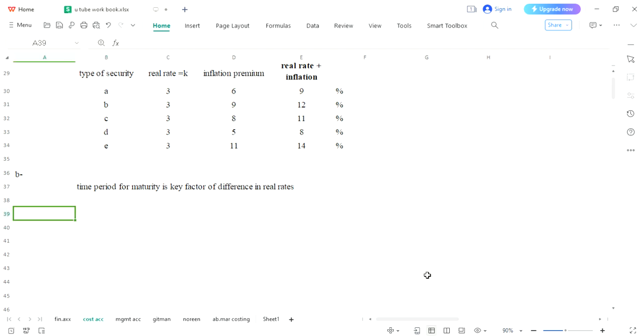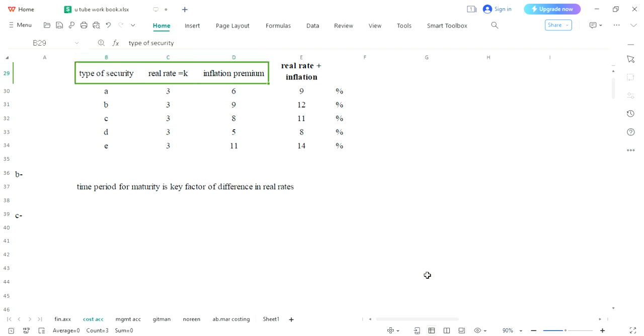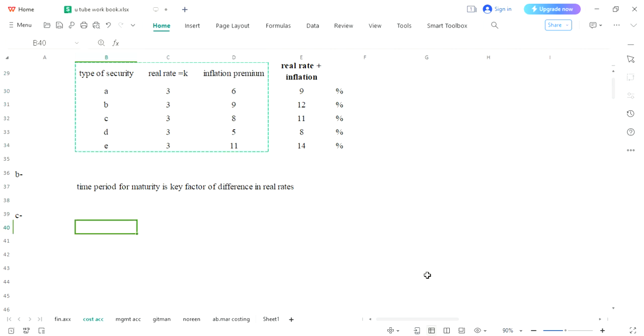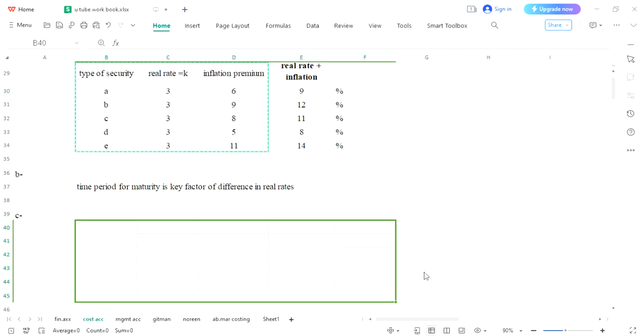You can say it is an assumed or supposed or expected rate. These are not real rates. So for that, again, we need the type of security, we need the real rate, we need the inflation premium. So instead of writing them again, we are taking headings from the previous part and writing them down as they are.